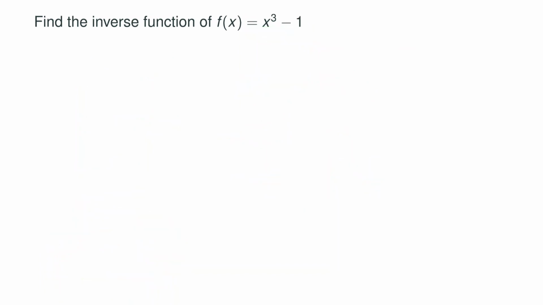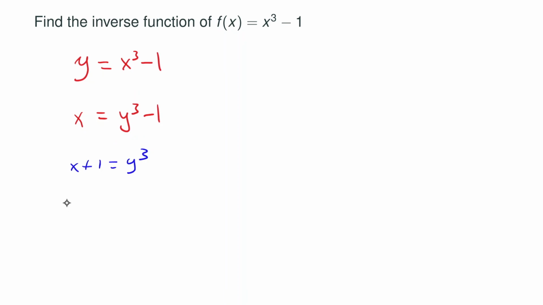Find the inverse function of f of x equals x cubed minus 1. So instead of f of x, we can write y equals x cubed minus 1. Now we're switching domain and range. So we change all the y's to x and all the x's to y. Now we're solving for this y right here. So then we have to add 1 to both sides. We get x plus 1 equals y to the cube power.